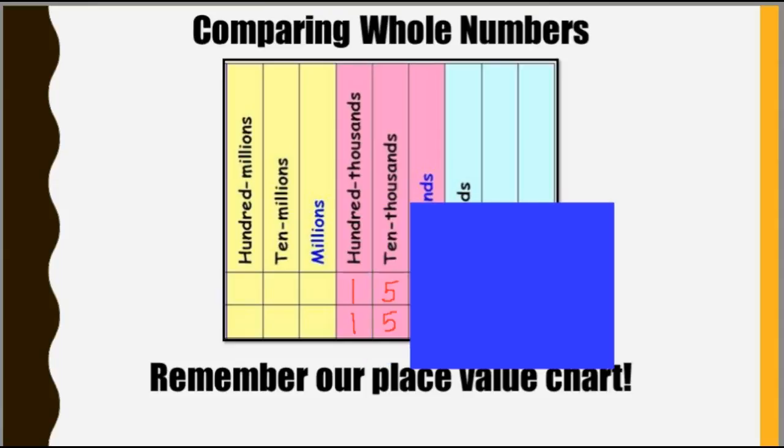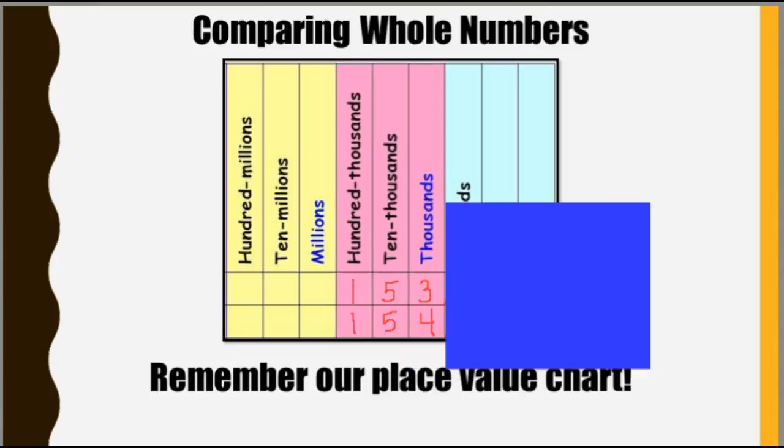They both have 5 in the 10,000 spot. So we're not going to be able to tell yet. So let's go to the next. Oh, now they're different. Okay, so one has a 3 and one has a 4. So all we have to know is which of those two numbers are bigger, the 3 or the 4. Well, we all know the 4 is the biggest.